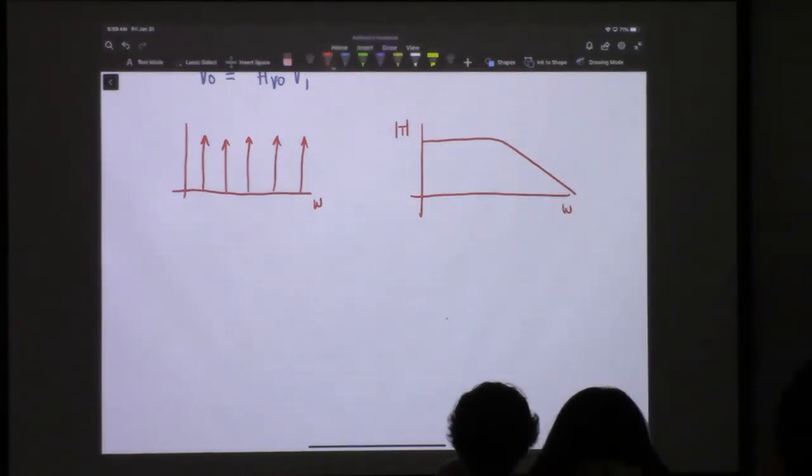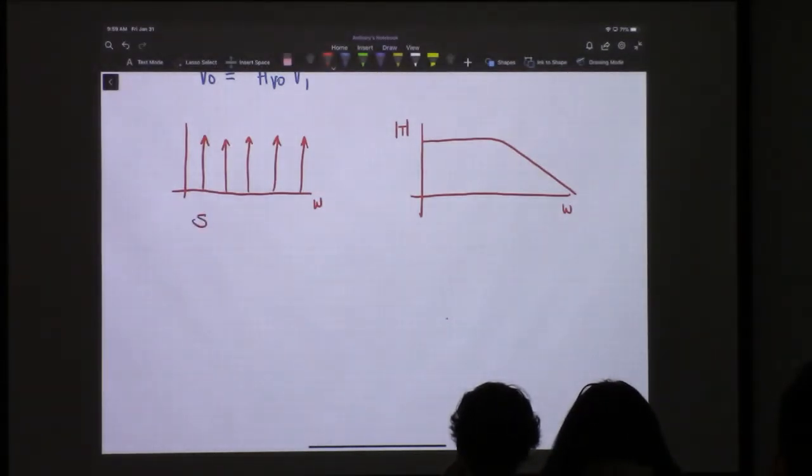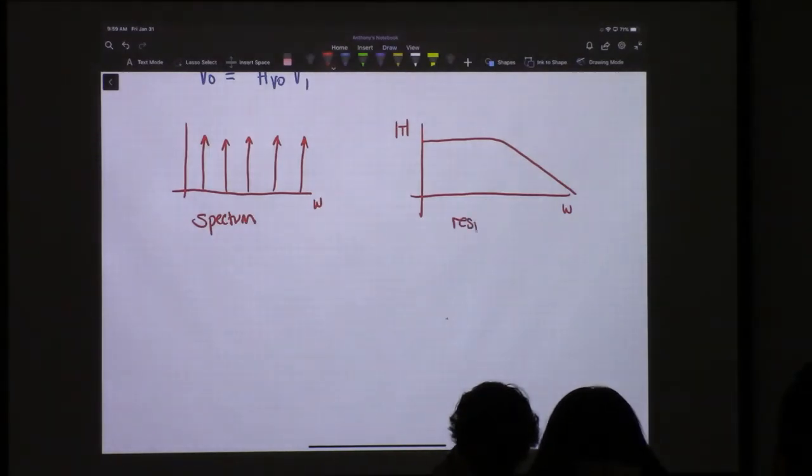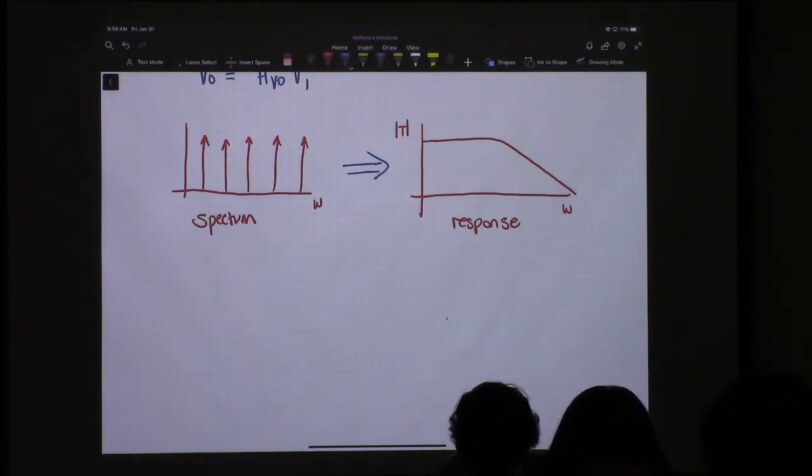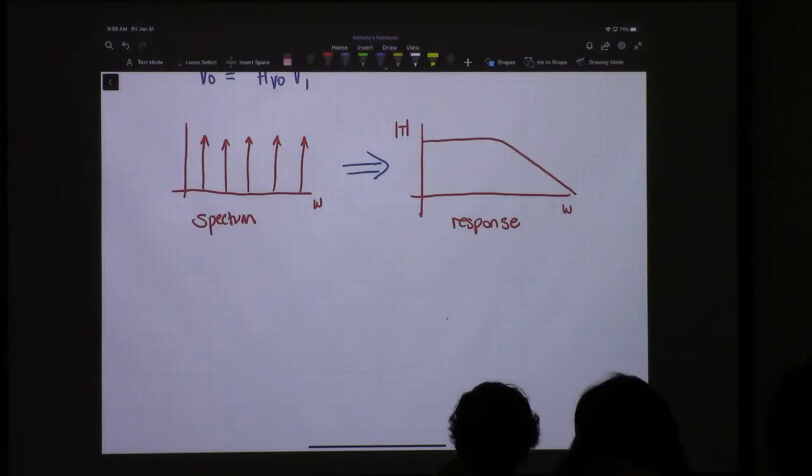Now if we take this signal, which is represented as a frequency spectrum, and we pass it through this process, which has a frequency response like this, then what will happen to our signal? I'm going to assume right here that the gain is 1.